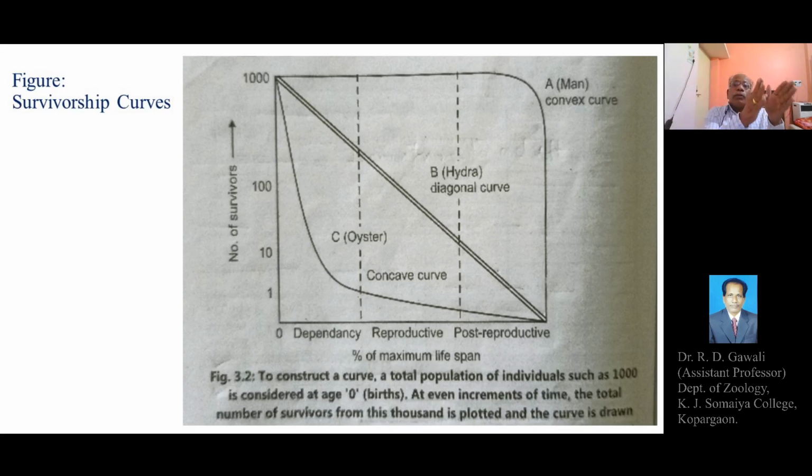So within the first 2 years of life, there is about 33% death.